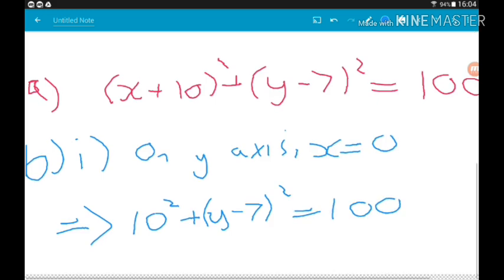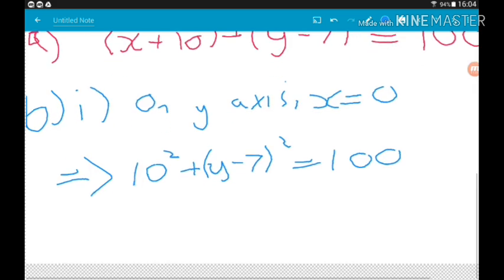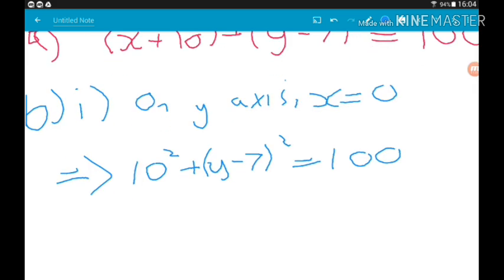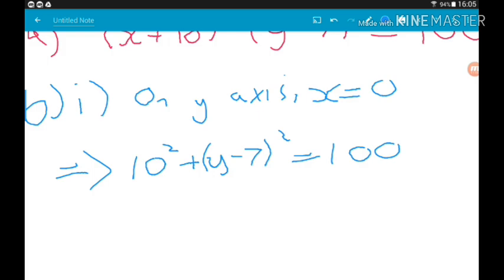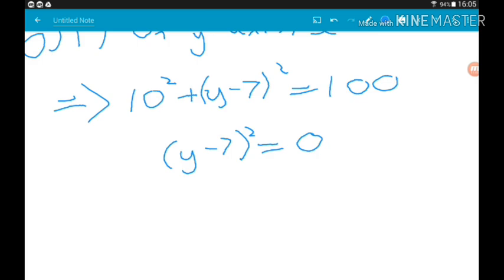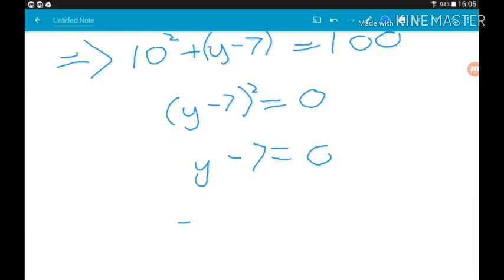So, on the left we've got a 10 squared, which is 100, so we can take away 100 on both sides. That's going to leave us with (y minus 7) squared is equal to 0. If we square root both sides, y minus 7 is equal to 0, therefore y is equal to 7.